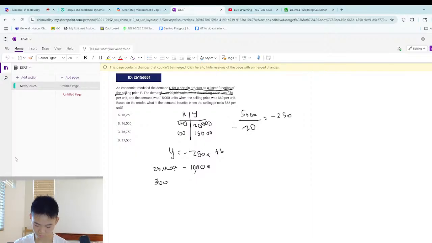Okay. What do we do with this b value? So we have our new equation here, y is equal to negative 250x plus 30,000. We can then plug in our 55 to the x value, and that's our answer.